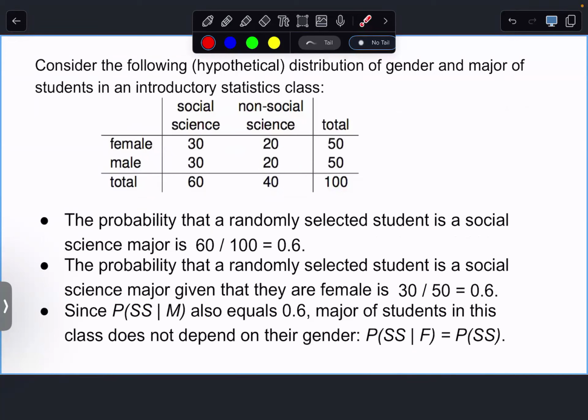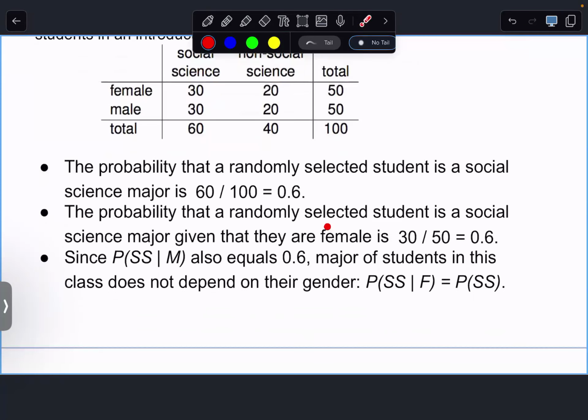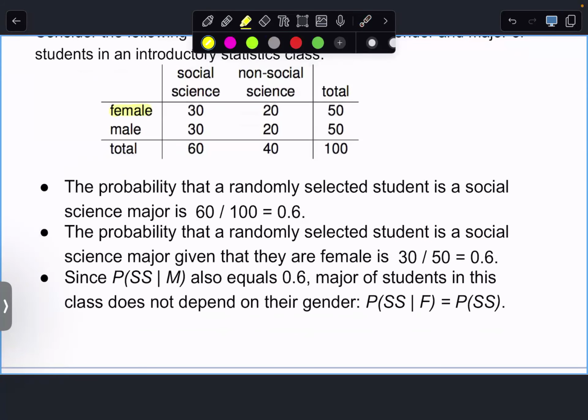And so the probability that a randomly selected student is a social science major, regardless of gender, is 60 over 100, so 0.6. The probability that a randomly selected student is a social science major, given that they are female, so now I know that they're female, so that makes my total now 50 instead of the 100, right?